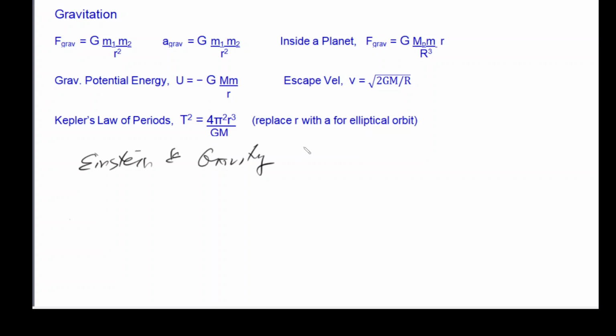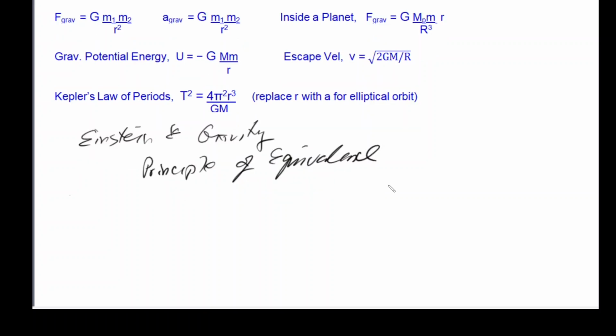And one of the things Einstein did, he had a thought experiment, and then he postulated his principle of equivalence. And what he said was that a person feels a gravitational force standing on the Earth the same way he would feel the force of acceleration in an enclosed box in zero gravity space.